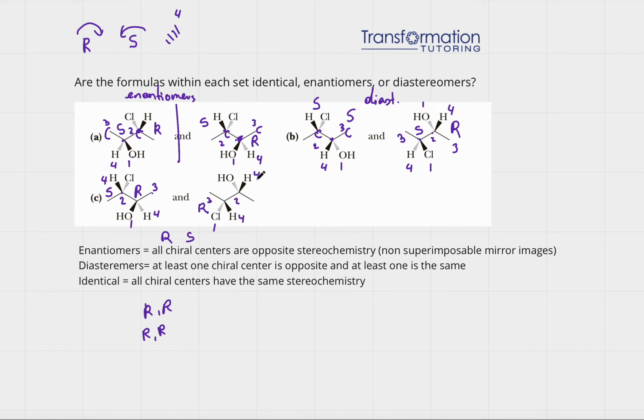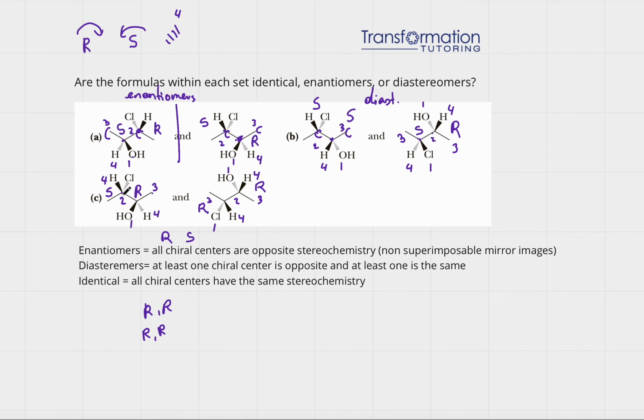This is 4, this is 1, this is 2. It already says 2 here, and this is 3. My lowest group again, my group number 4 is not dashed, so I will have to switch it again. It looks like it's going in the S direction, like this, but I have to switch it, so this must be R. So again, what are these molecules?